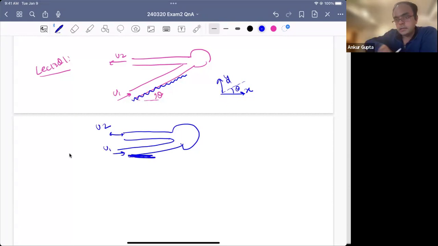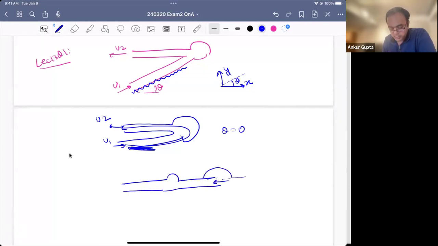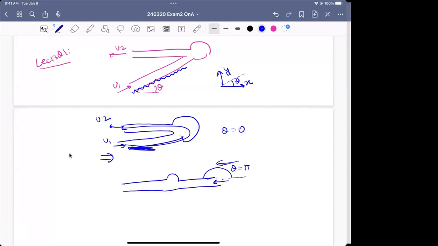This is what I mean by a U-turn: you're going this way and then you're coming out this way. So this would be when theta is equal to 0. Now on the other side, if I have a pipe kind of like this, think about the direction of your U1. In this case, U1 is going positive x, and in the other case, U1 is going negative x. So theta is equal to pi in this case. Make sense, Ari? Yes, that makes sense. Thank you. For sure. All right, perfect.